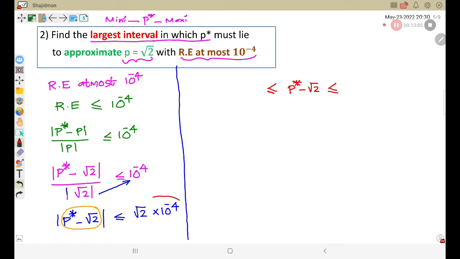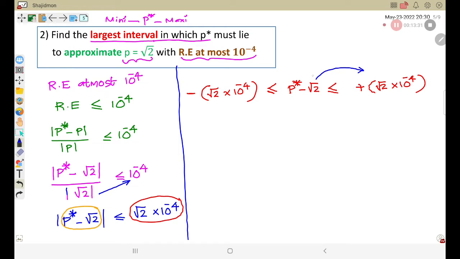The same number, positive, we write on the right hand side, root 2 multiplied by 10 power minus 4. The same number, negative, we write on the minimum side, minus root 2 multiplied by 10 power minus 4, like this.